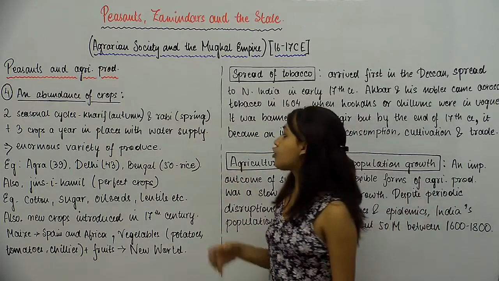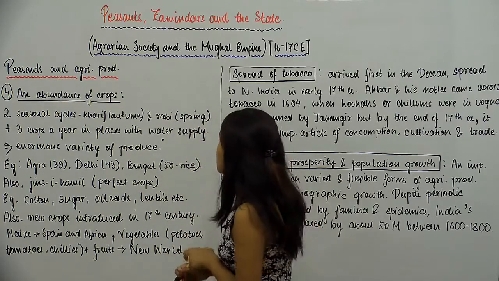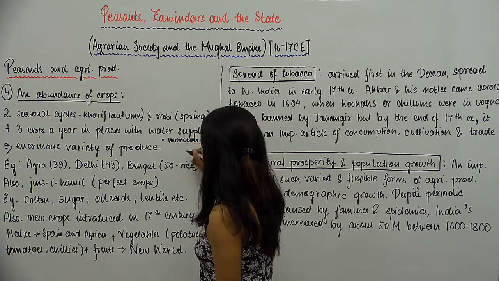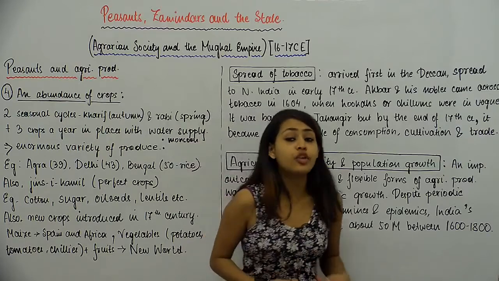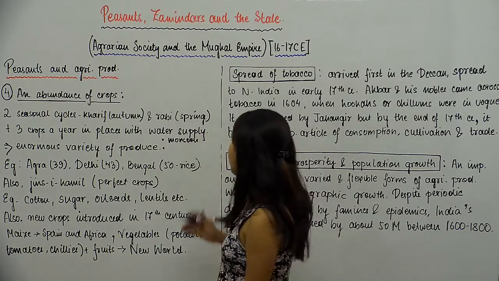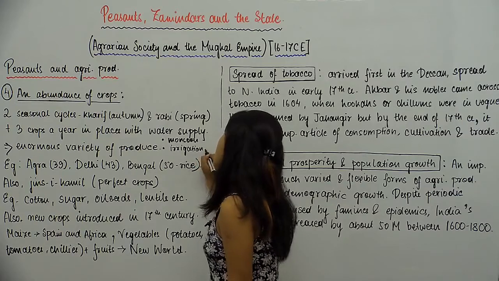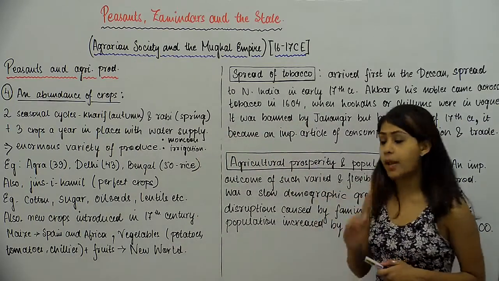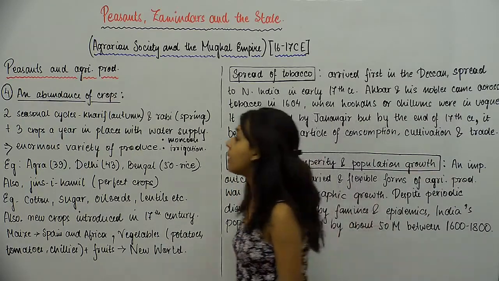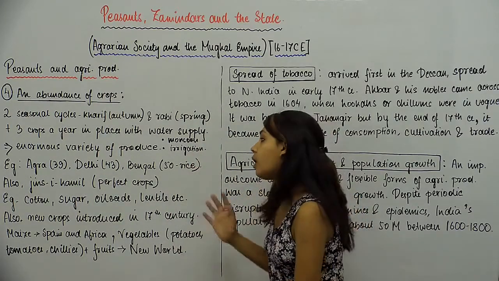And when we say with water supply, we mean that these were places where there was monsoon, or where there was steady rainfall, where rainfall was not very erratic, or areas where irrigation was available. तो या तो इरिगेशन की वजह से पानी का सप्लाई होता था, या तो मॉनसून की वजह से रेन वाटर मिल पाता था इन जगहों में. तो ऐसी जगहें भी थी जहाँ पे 3 क्रॉप्स ग्रो किए जाते थे एक साल में.